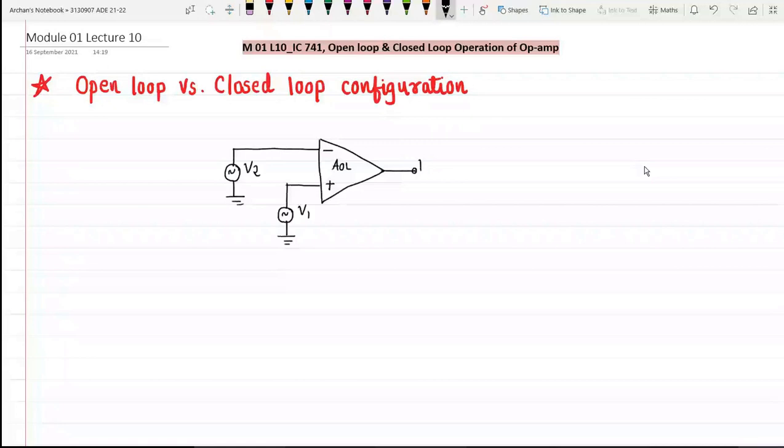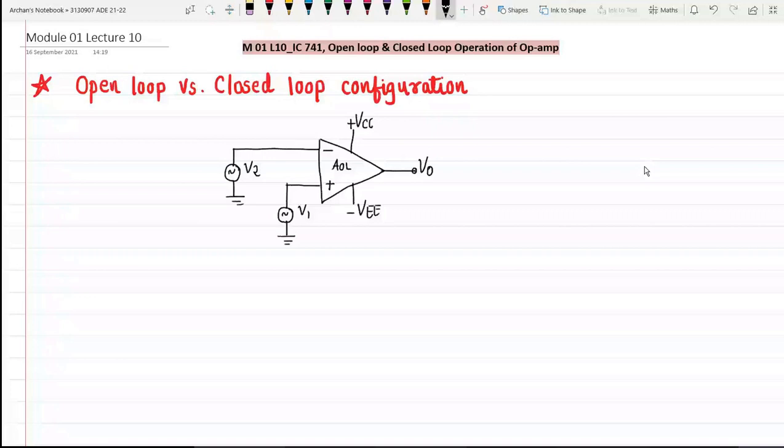Apart from this, we have positive and negative supply voltages, positive VCC and negative VEE, that are to be applied to the op amp. So my output will vary between these two voltages, plus VCC and negative VEE.